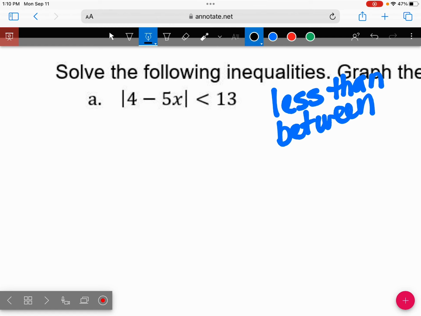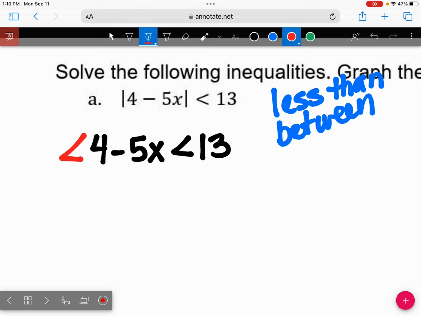So you just have 4 minus 5x is less than 13. And then all you have to do is put another one on the other side. So we're subtracting 4.